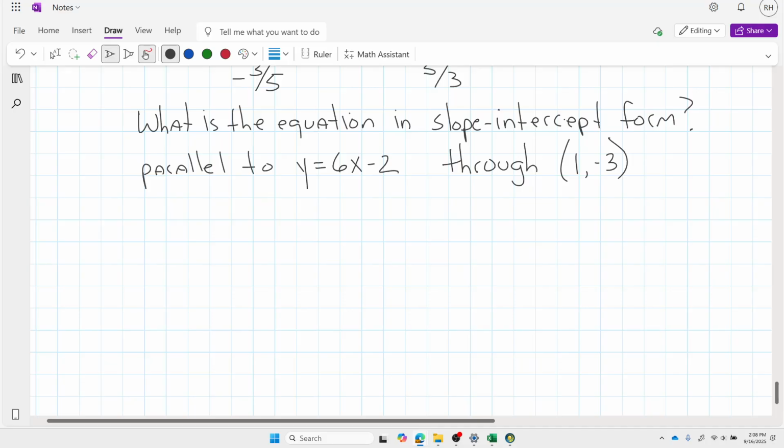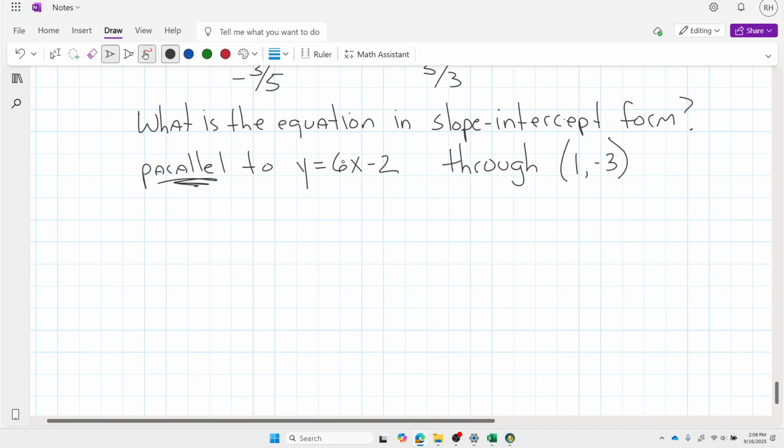What's the slope of the new line got to be? It's parallel. What's the slope of y equals 6x minus 2? Isn't the slope between the equal sign and the x? So isn't the slope 6?